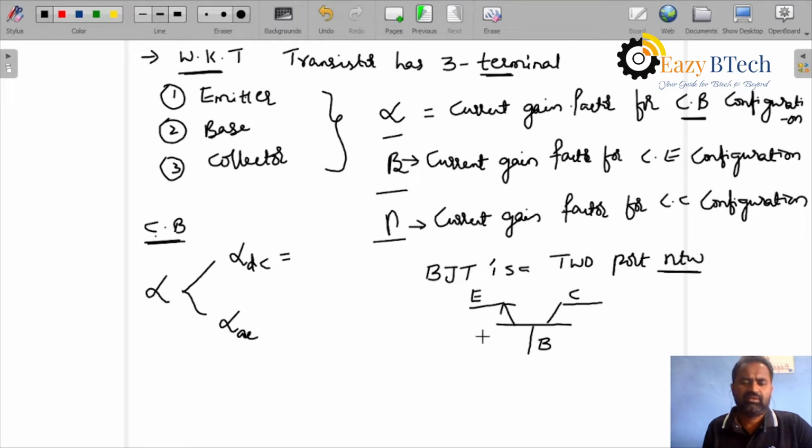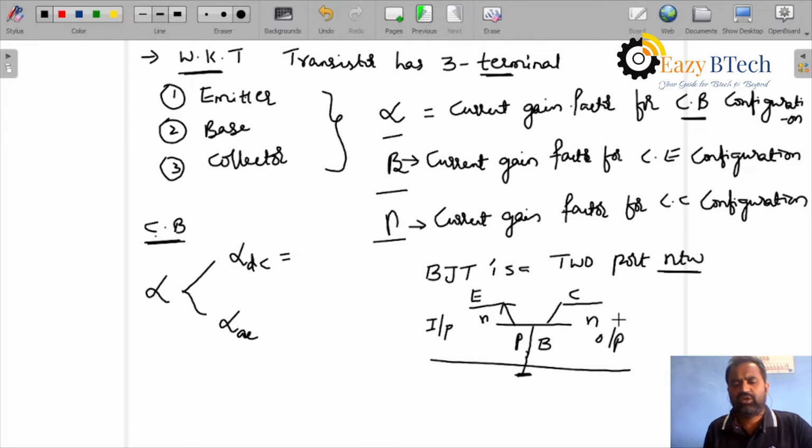Now if you take an NPN transistor, the base is common between input and output.